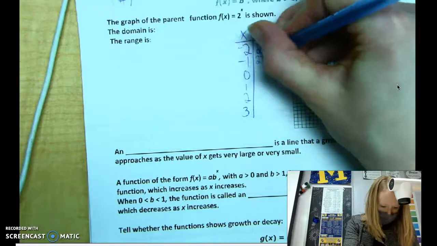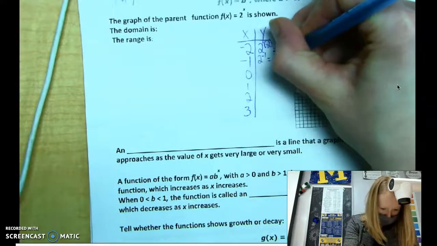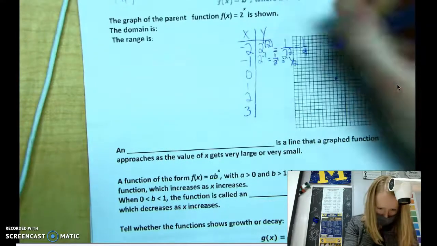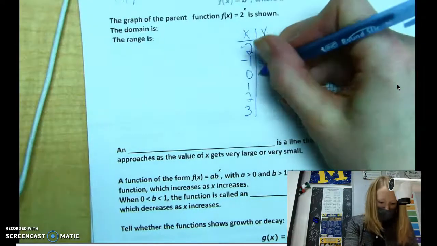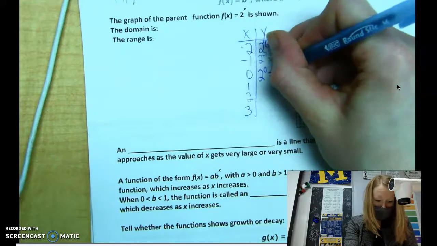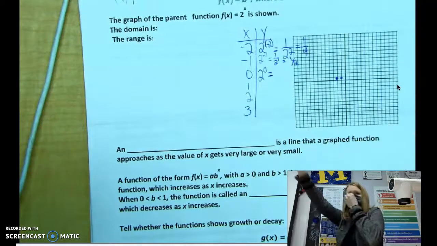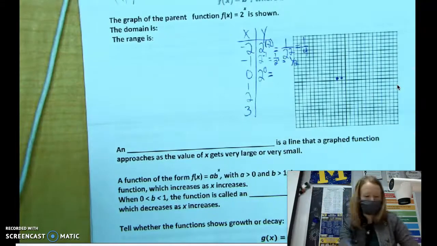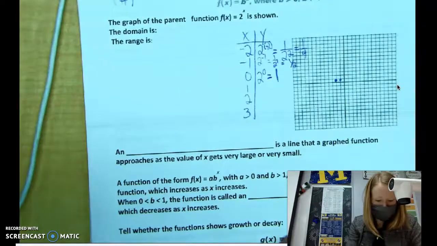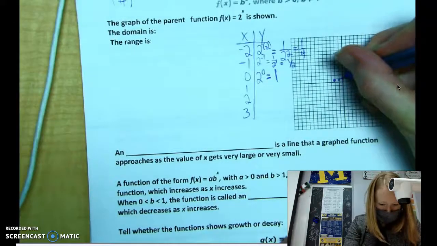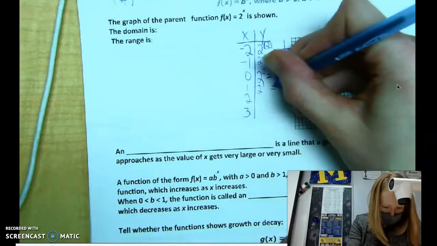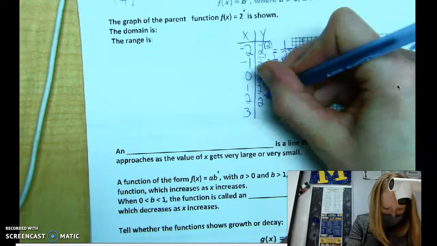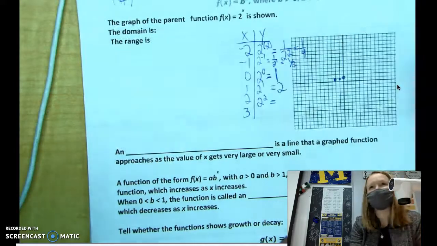2 to the negative first power should be 1 over 2 to the first power, which gives me 1/2. Anything to the 0th power is a 1. We just learned about that property in Algebra 1 today. So remember, anything to the 0th power is 1. 2 to the first power is 2. 2 squared is 4.